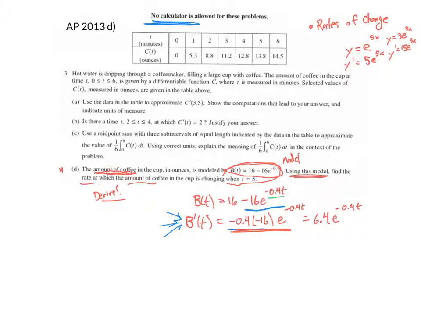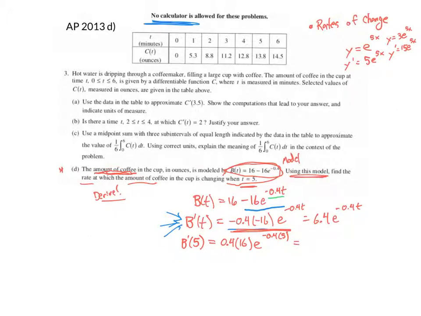And then this is asking us to find the rate at which the coffee is changing when t equals 5. So we want to find what b prime of 5 would be, and that would just involve plugging in 5 into our derivative. So if I were to do the unsimplified version, I'd have 0.4 times 16. The negatives cancel out. And then e to the negative 0.4 times 5.